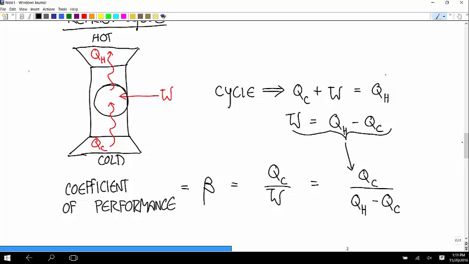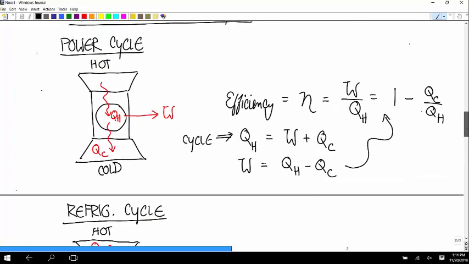One thing to notice about these is the limit on the coefficient of performance. The biggest coefficient of performance you can have for a power cycle is 1. Can't get any bigger than that.